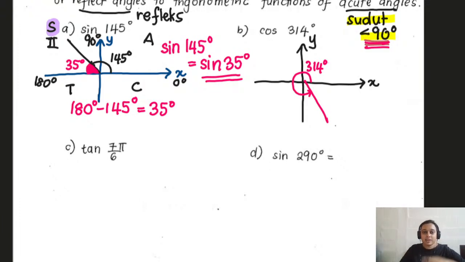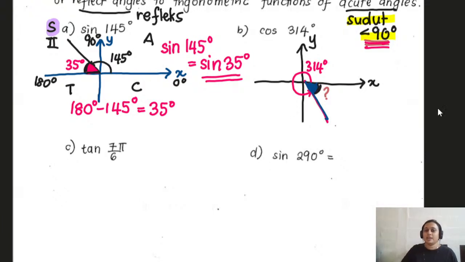Wherever you draw the line, you must always find the angle that is touching the x-axis. Remember this. Selalunya kena cari sudut yang touch paksi x. Just now also, this part is touching the x. Betul tak? So here also we need to find the one touching the x.